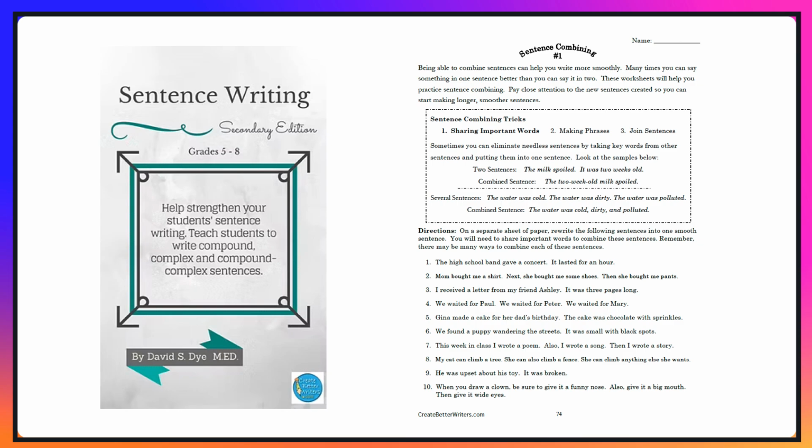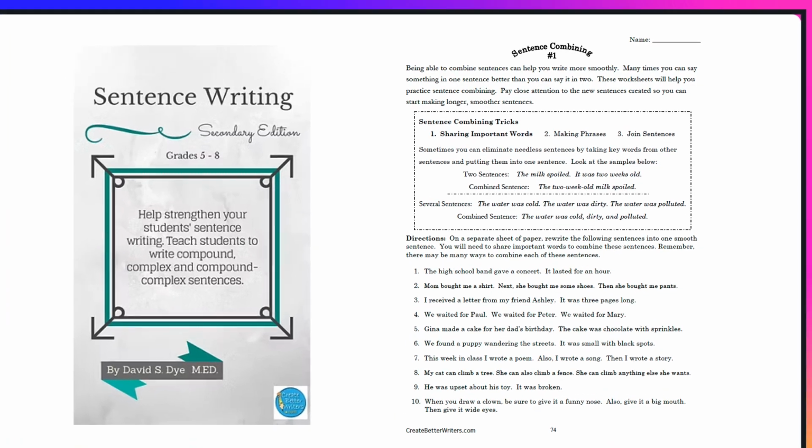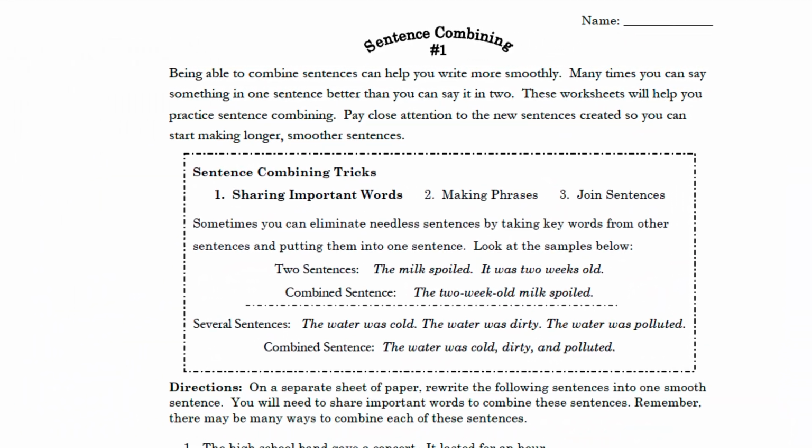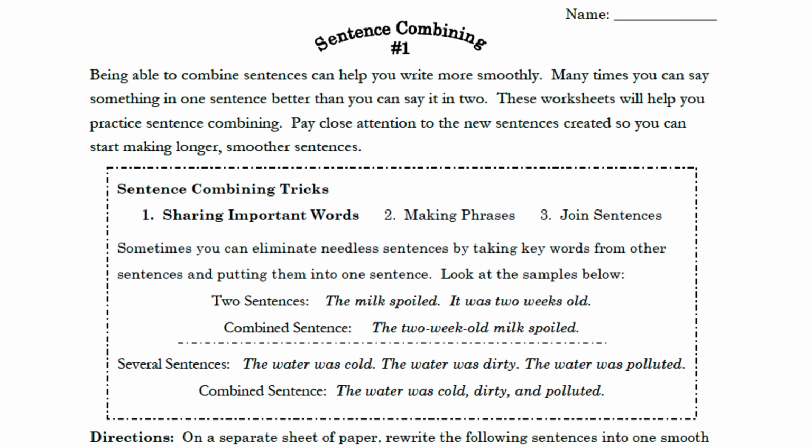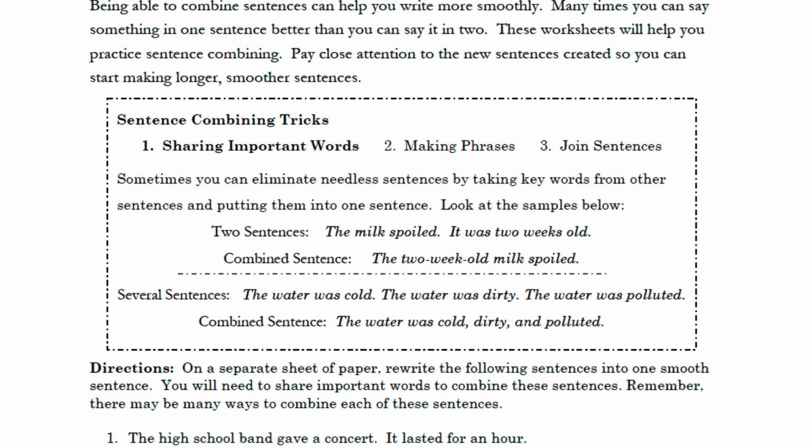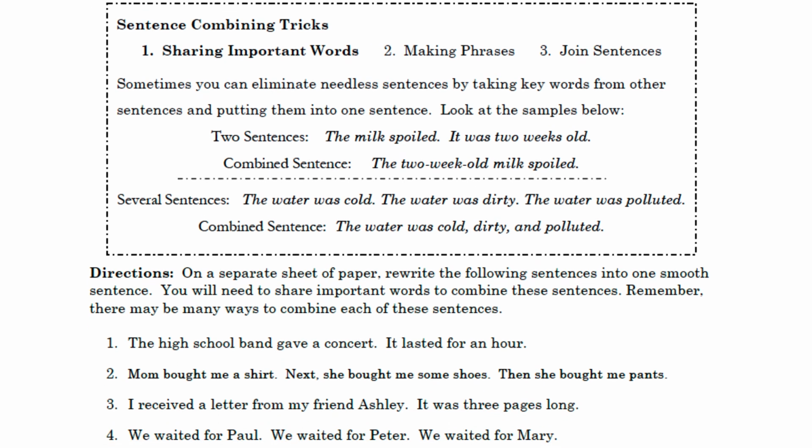Here's an example of a sentence combining worksheet, just to kind of get them rolling into turning shorter sentences into longer, more complex sentences. So you can see here, the first example says, the high school band gave a concert. It lasted for an hour. Well, you don't need two sentences for that. They can tell that it means the concert.